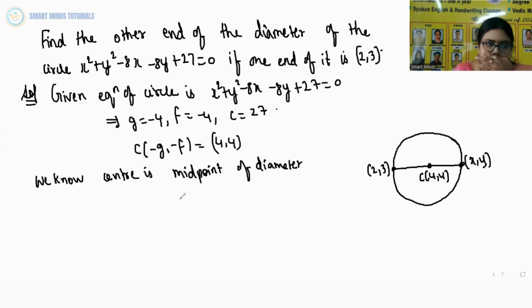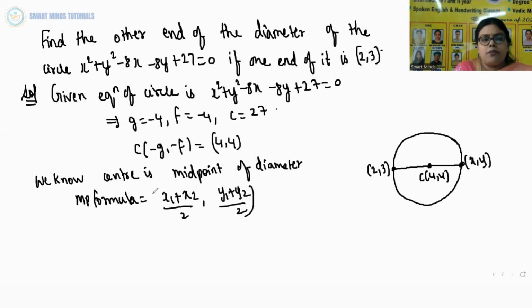So we use the midpoint formula. What is the midpoint formula? x1 plus x2 by 2, y1 plus y2 by 2. This is the midpoint formula.